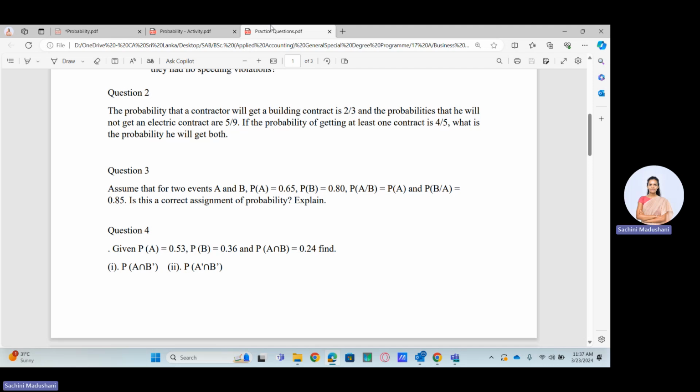What is the answer? First you find out the union, no? And we find out the union.